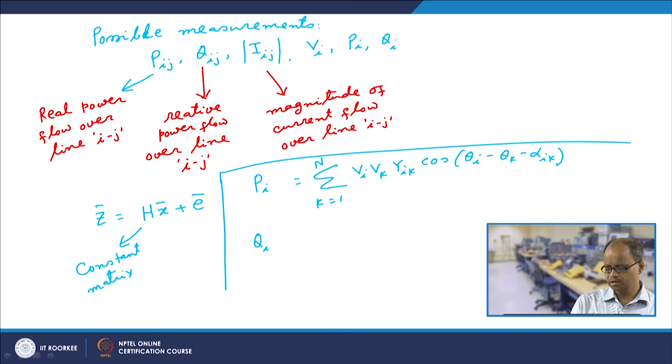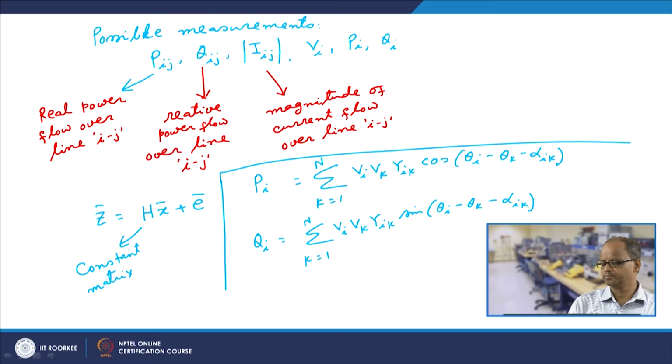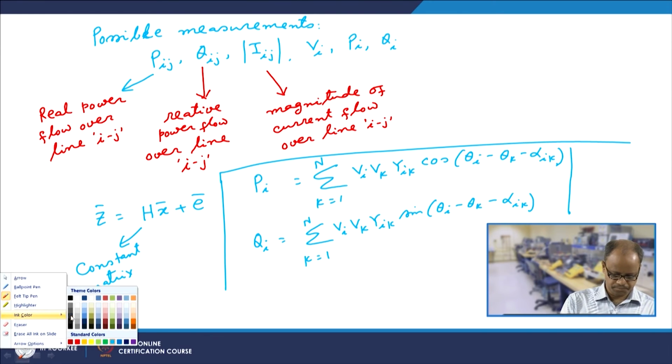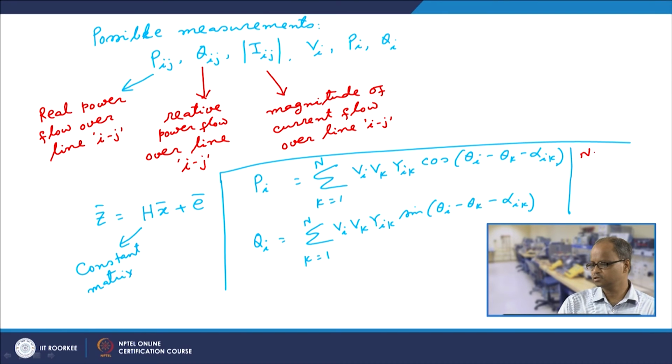Similarly, Qi is the sum over k equal to 1 to n of Vi Vk Yik sin(theta i minus theta k minus alpha ik). Obviously, these two equations are nonlinear in nature. So these two equations are nonlinear functions.